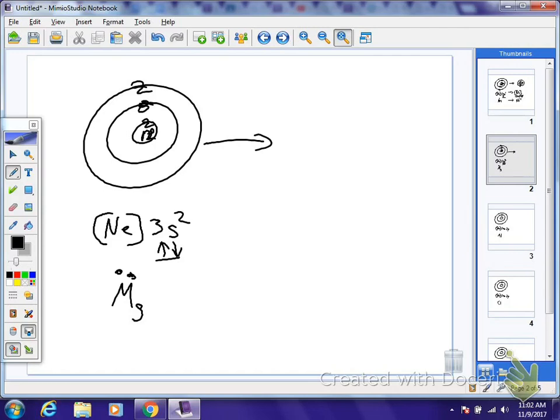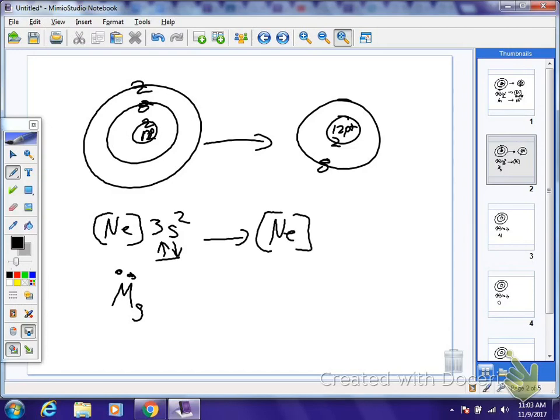It wants to get rid of those 2, right? It wants to have 8. Easiest way to do that is to get rid of those 2. So it's just like sodium, but it gets rid of 2 instead of 1. And it's 12 protons in the middle. This one's also going to take on neon's configuration. And what's magnesium going to look like? Mg +2. 12 versus 10. Got a +2.